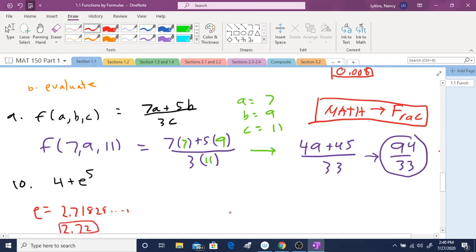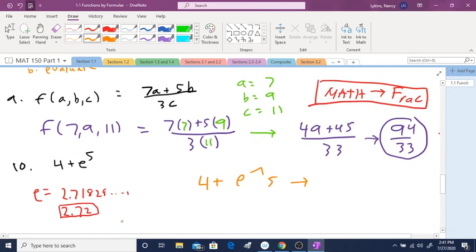Now, e has a value, but if I give you a problem like this, you want to put this in your calculator as 4 plus, and then e raised to the 5th power. Now, for your e button, go on that left column of your calculator to the LN, you'll see it towards the bottom. If you hit your second button and LN, that gives you e raised to, and you just put in your power.